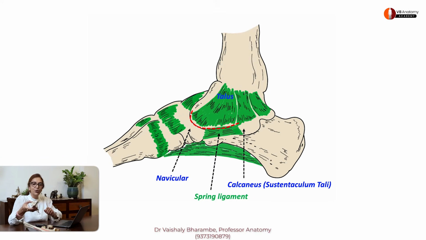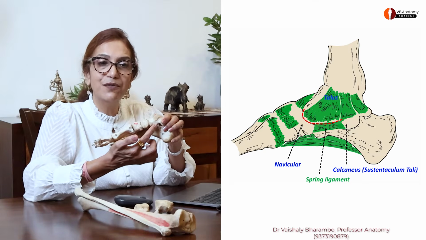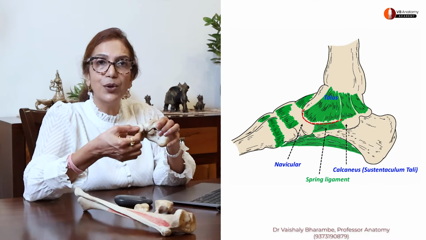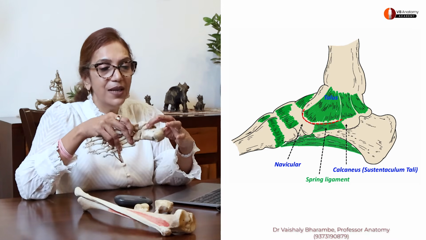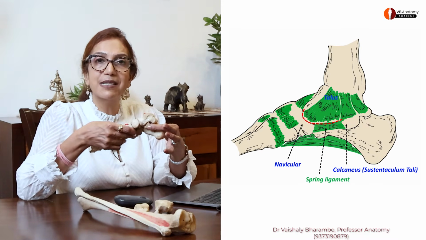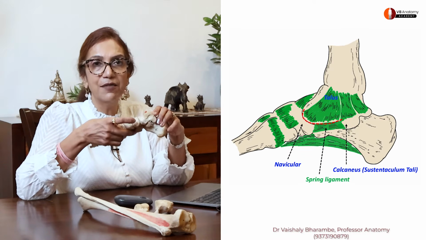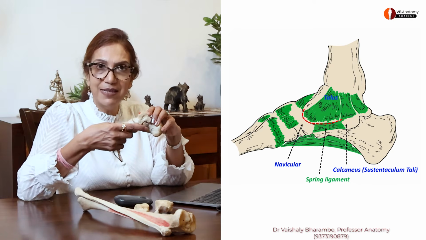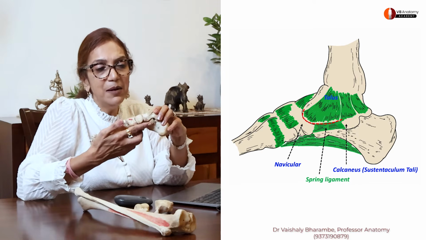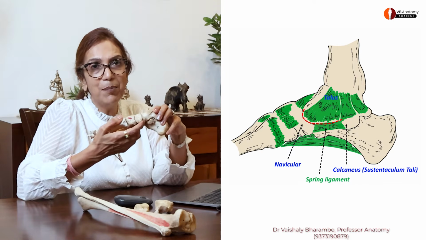I want to show you this. Take a look. This is the beautiful rounded head of talus. Here's your navicular. Here's your calcaneus part called sustentaculum tali. So the head of talus is articulating with navicular and with the sustentaculum tali, and in between there is a gap. Can you see the gap here?